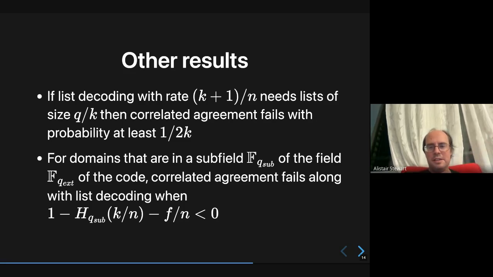The other one was this subfield question we were just talking about. So Fenzi and Sanso were having a big discussion of the consequences of list decoding failing in this example. Well, correlated agreement also fails, which isn't too surprising. These things often fail at the same time.